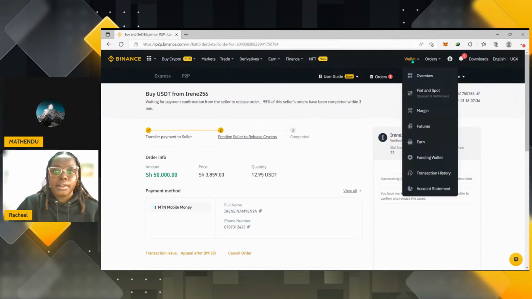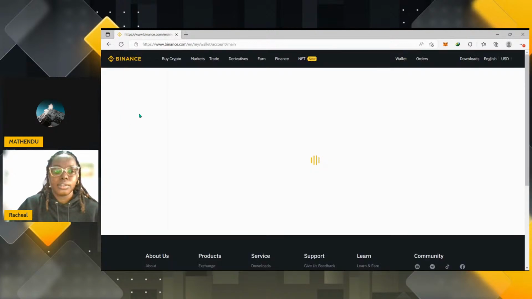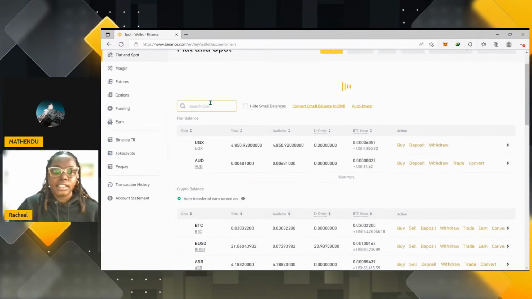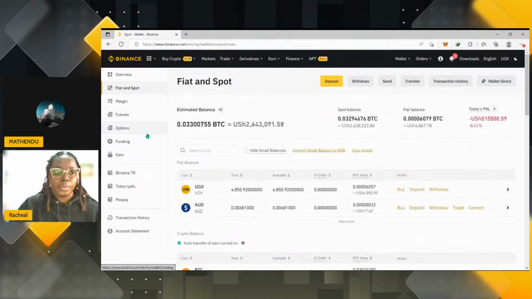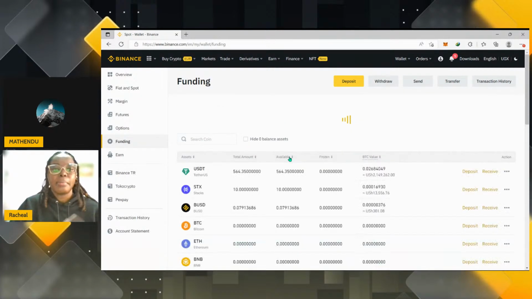we'll go to wallet, fiat and spot. Binance has different wallets, and the main wallet is the fiat and spot wallet. When you deposit with Binance P2P, your money goes to the funding wallet.